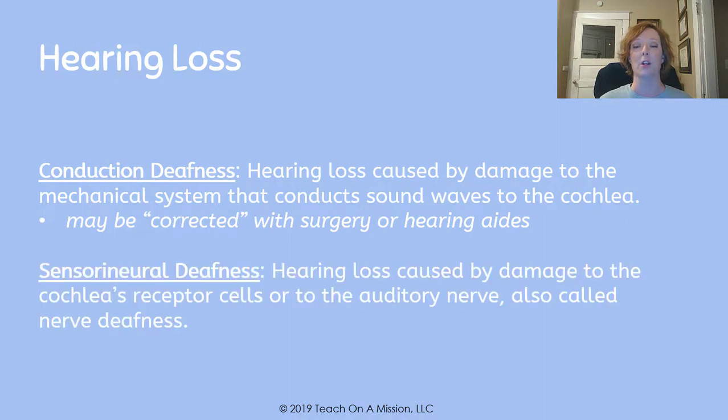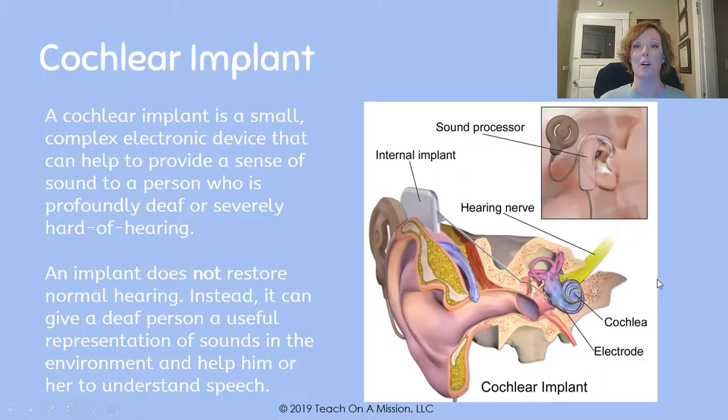Sensorineural deafness is hearing loss caused by damage to the cochlea's receptor cells or to the auditory nerve, which is also called nerve deafness. This is a permanent condition. Now, certain types of sensorineural deafness or hearing loss can be assisted with a cochlear implant. A cochlear implant is a small, very complex electrical device that is surgically implanted into your body.